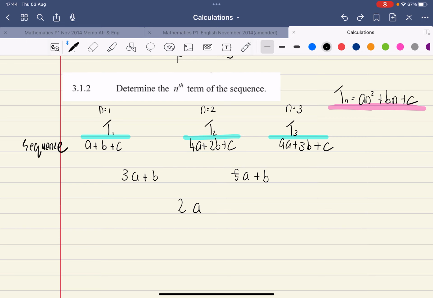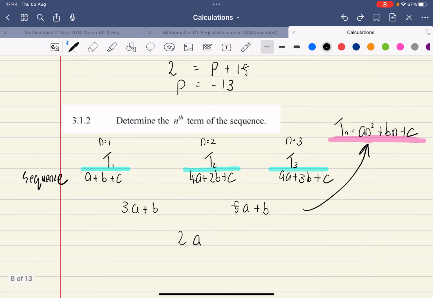And you'll notice there's a pattern. That's exactly what we get when we plug in 1 for n in this formula, 2 for n, and 3. So once we know that the first term is A plus B plus C, the next term is 4A plus 2B plus C, and so on, we can set up some equations.